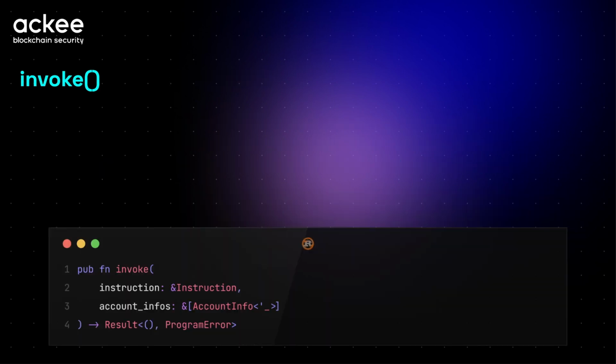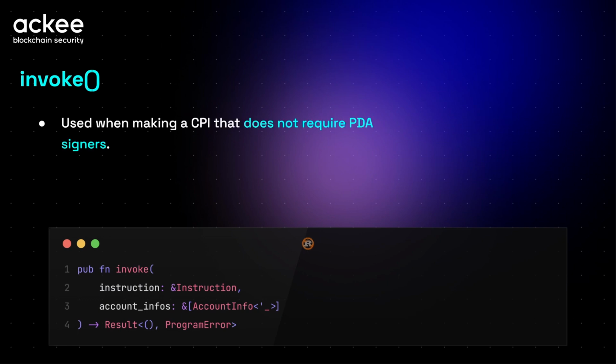First of all, we have the invoke function. We have basically two functions used for calling additional programs: invoke and invoke signed. The first one, invoke, is used when making a CPI that does not require PDA signers.